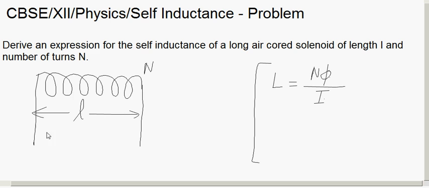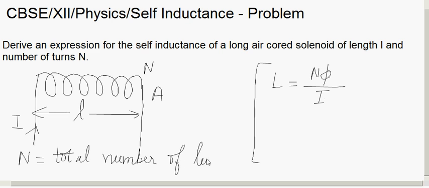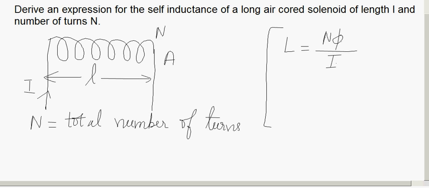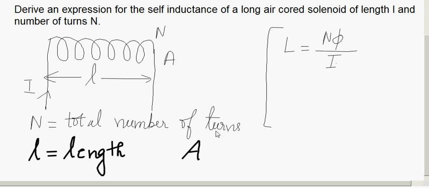Now we will assume that a current I flows through this coil, and let us say A is the area of cross section of the solenoid.